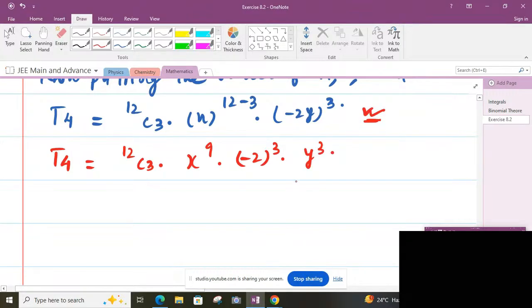So here will be factorial 12 by factorial 3 by factorial 9 into minus 2 to the power 3 into x to the power 9 into y to the power 3.